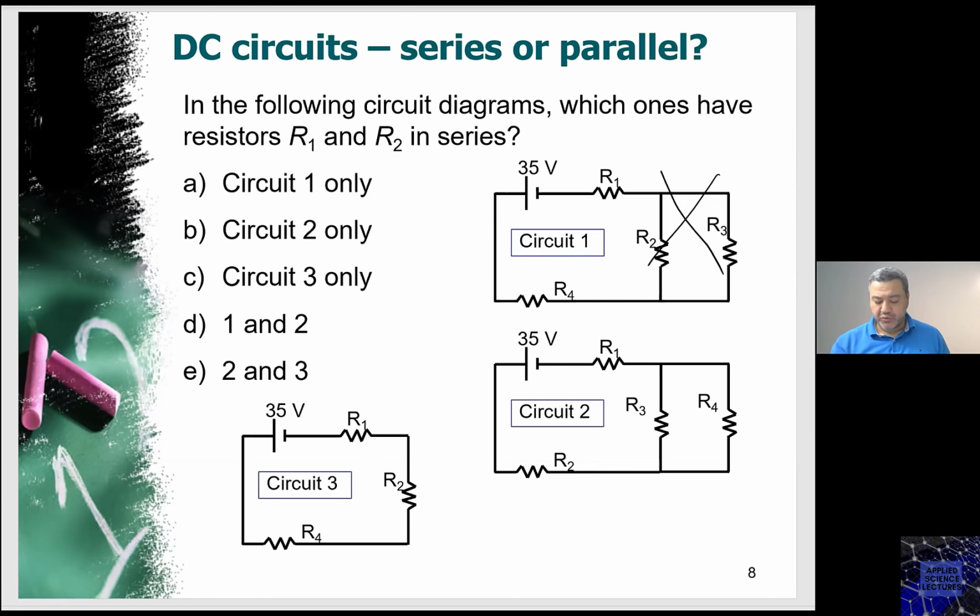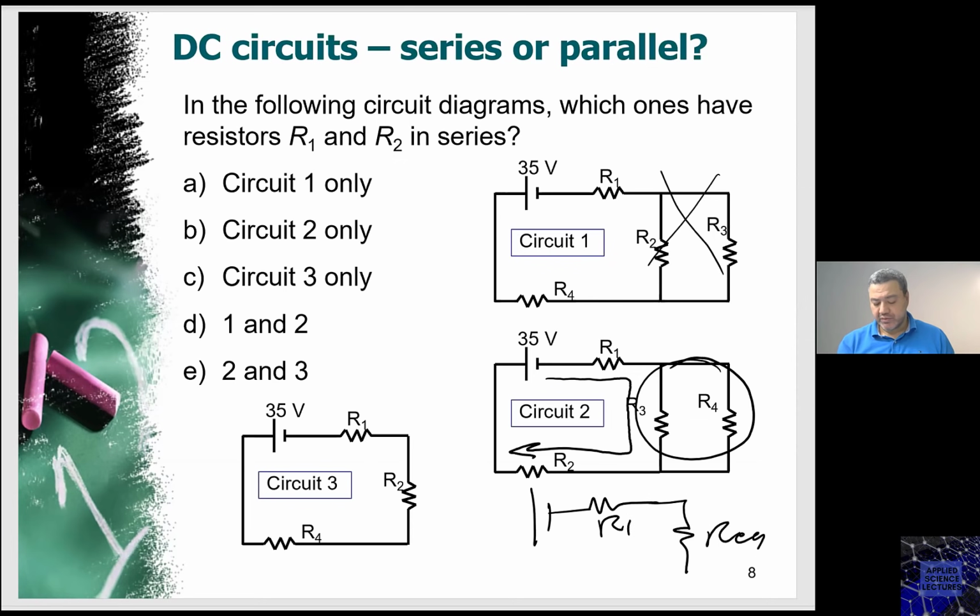What about circuit 2? Well, circuit 2 has the current going through this R equivalent. So if you think about it, if I am to simplify this, now here, if this is R1, and this is R equivalent, and this is R2, coming back to here.